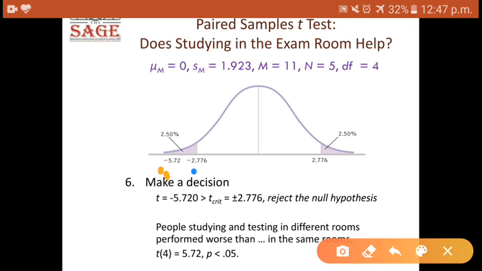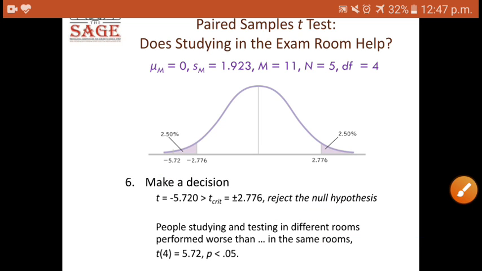So 5.72 is coming on the extreme side, and when it is coming on the extreme side, we reject the null hypothesis. So we make a decision. The sixth step: t equals minus 5.720, which is greater than the critical value of plus or minus 2.776, hence we reject the null hypothesis.